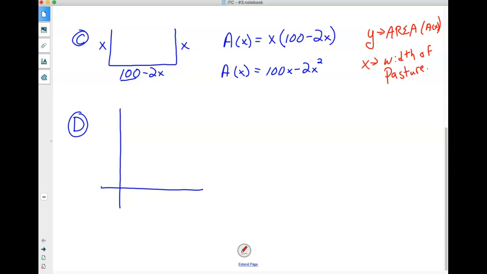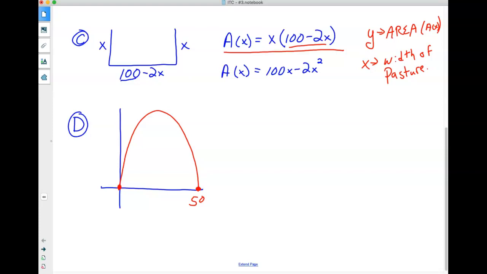And what are the x-intercepts of my parabola? Well, because right here I'm factored, I can see I'm going to have an x-intercept at 0, and another x-intercept out here at 50. And somehow, some way, this graph is just going to go woo like that.